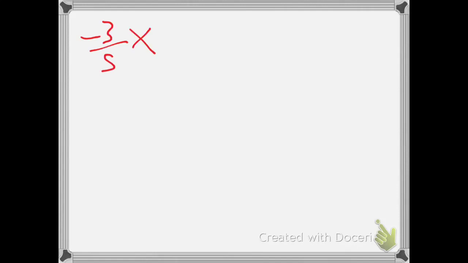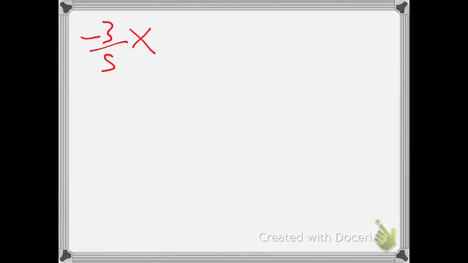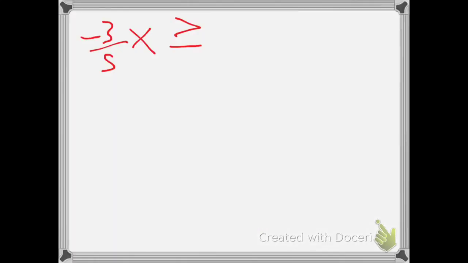where we were trying to get rid of this fraction that's in front of x, this 3/5. On the test it was 1/3. And so to get rid of that fraction, what you need to do is multiply by the reciprocal, which is a fancy name.